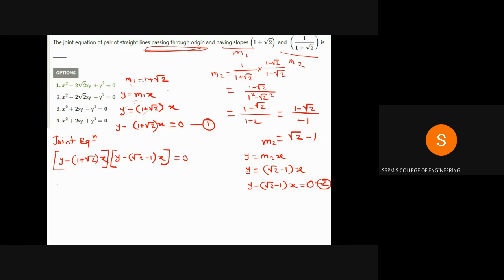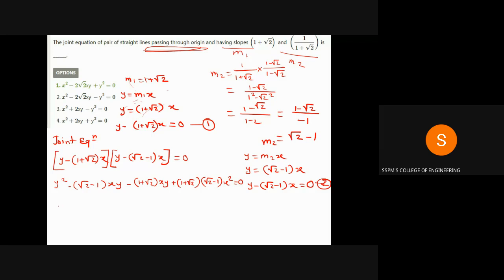If we multiply this, we will get y square minus (root 2 minus 1)xy minus (1 plus root 2)xy plus (1 plus root 2)(root 2 minus 1)x square is equal to 0.